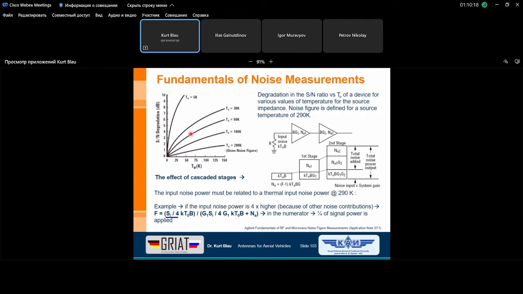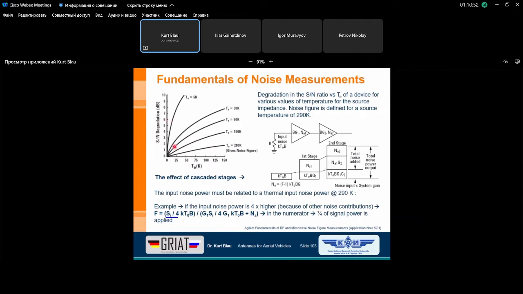Then for the same value, we have a signal to noise ratio degradation of, let's say, about 2.5 dB. And if we go to an extreme value, for instance, the reference temperature is only 30 Kelvin, then our signal to noise ratio degradation is in the near of 6 dB.